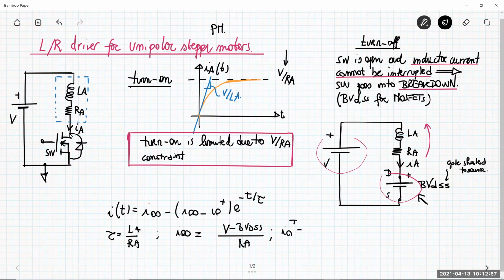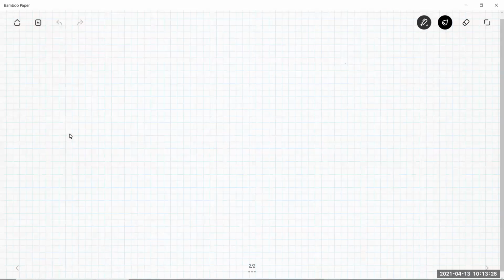I0 plus is the current flowing at the time instant later, successive to the turn off action, okay? So this is the same as the current flowing an instant before turning off your MOSFET, and so this is V over RA. Using this description, and replacing, let me just do this simple computation.